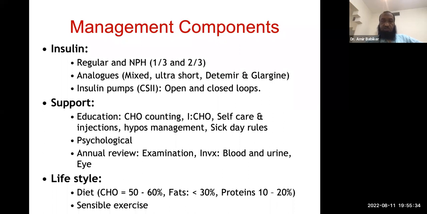Annual reviews include examination, including monofilament examination for peripheral neuropathies, and investigations, including blood and urine investigations, eye examination, so fundal examination, and lifestyle monitoring in terms of diet, exercise, etc. Okay, sensible exercise.